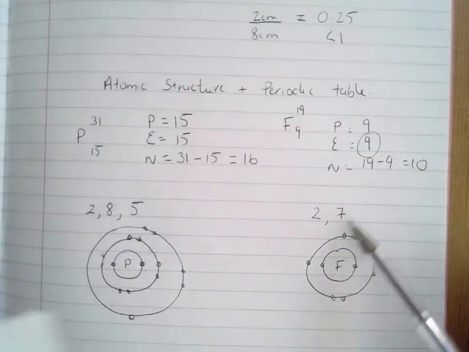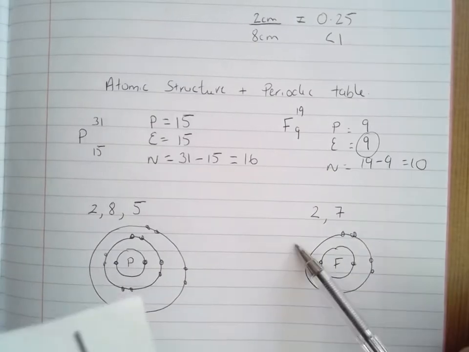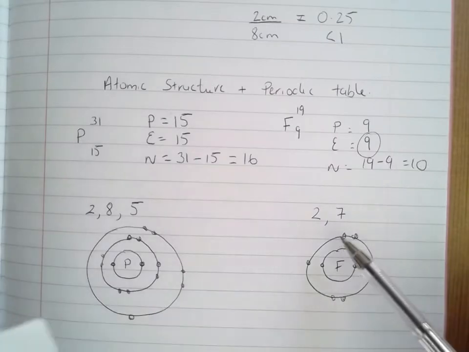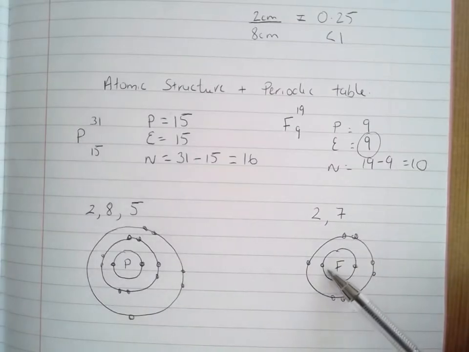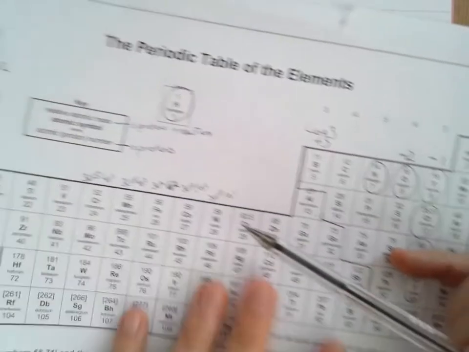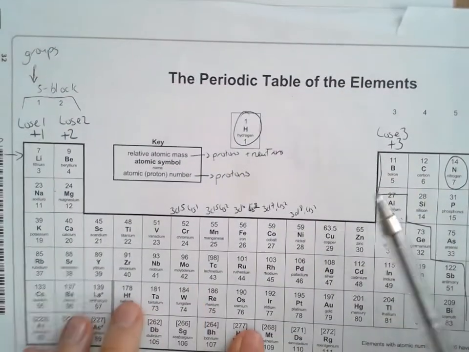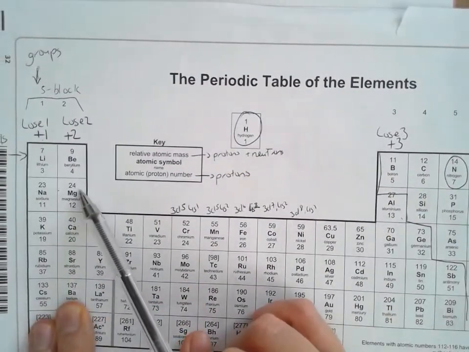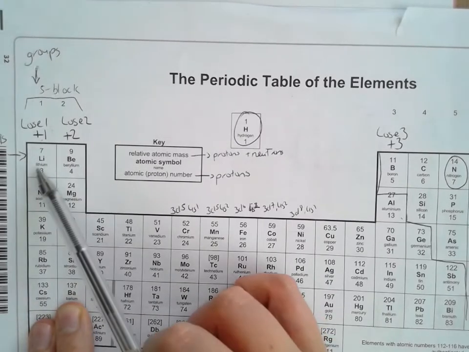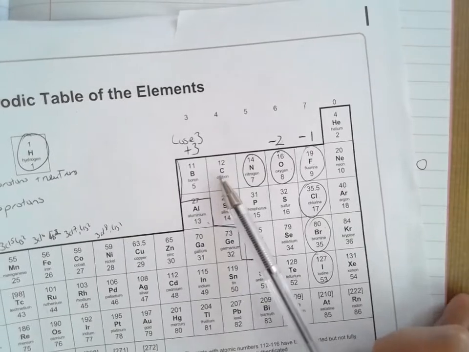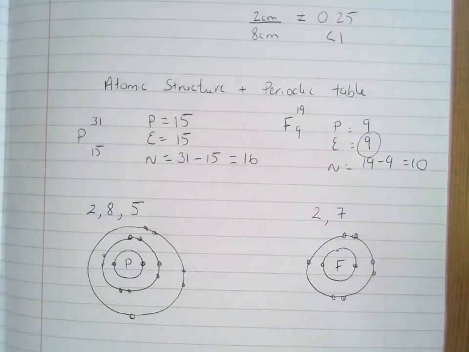When I drew out fluorine, I saw it had 7 electrons in its outer shell. If I drew chlorine, which is also in group 7, I would again see 7 electrons in the outer shell. So the group number matches the number of electrons in the outer shell. Magnesium's in group 2, 2 electrons in the outer shell. Lithium's in group 1, 1 electron in the outer shell. Carbon's in group 4, 4 electrons in the outer shell.